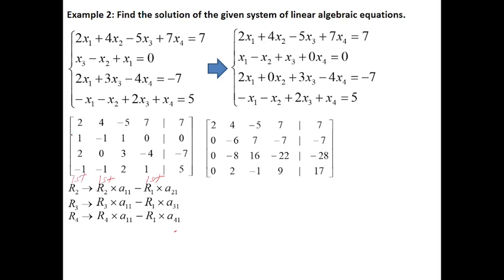R2, first element, 1. 1 times A11, 2, minus R1, first element, 2, times A21, 1. 1 times 2 minus 2 times 1 is 0. Kaya nakuha yon. R2, first element, no? 0. Gets nyo?